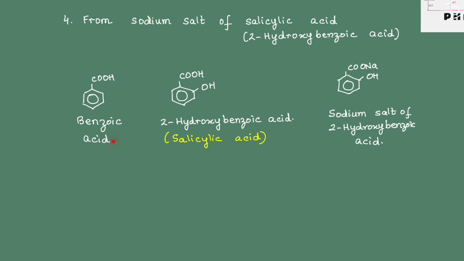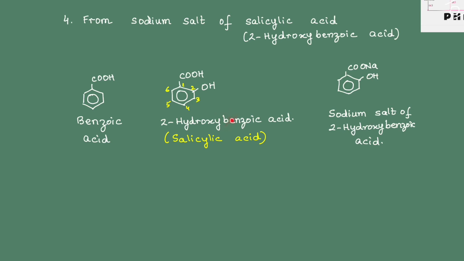Now, next thing is, in this benzoic acid, I'm going to introduce an OH group at the second position, position number 2 with respect to the COOH group. So, 1, 2, 3, 4, 5 and 6. Hence, this compound would be named as, yes, my OH will now become the prefix, whereas COOH is the principal functional group.